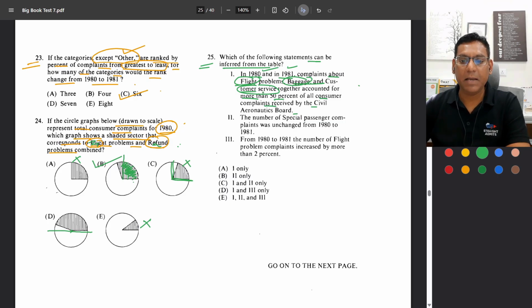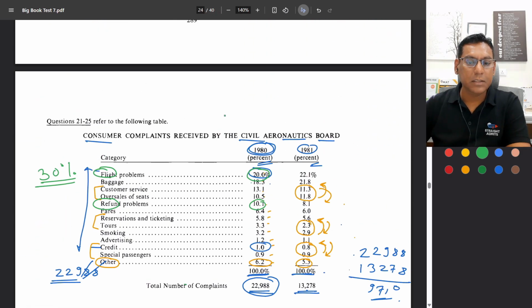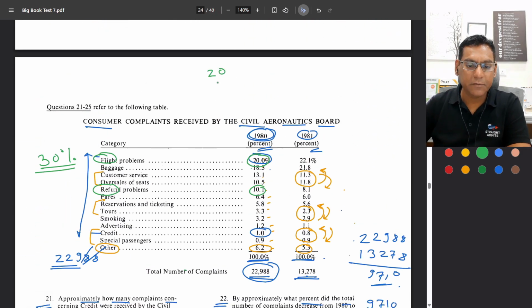Let's say flight for 1980 is 20.0, baggage is 18.3, and customer service is 13.1. What is the sum here? It comes to 51.4. So this is true for 1980.